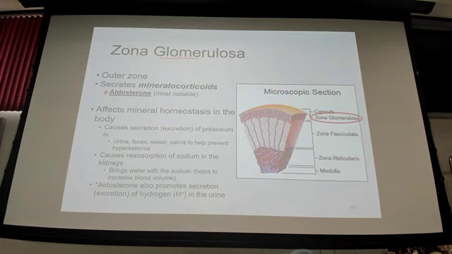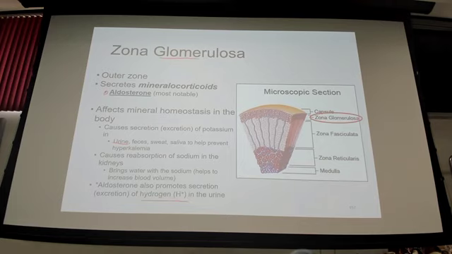So what does aldosterone do? Helps us get rid of potassium, okay? Mainly here, potassium in the urine. It increases it. And it also helps us get rid of hydrogen ions. So it has a very important role in acid-base balance, systemic acid-base balance.